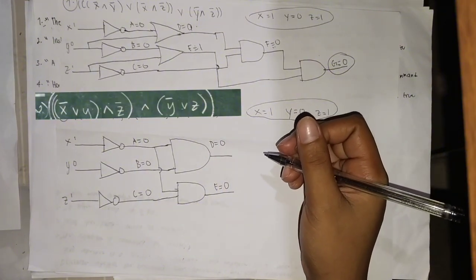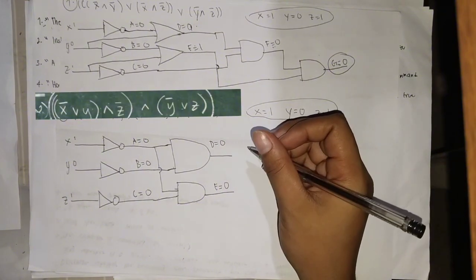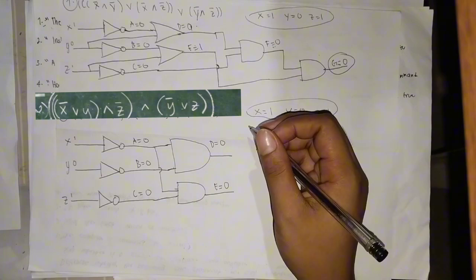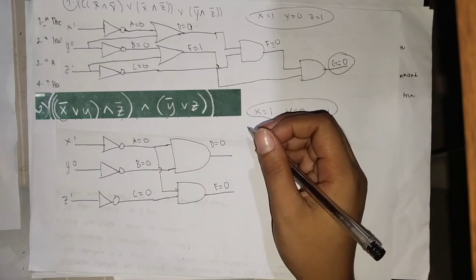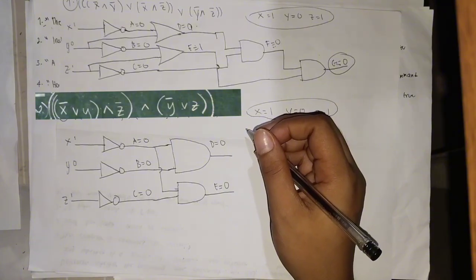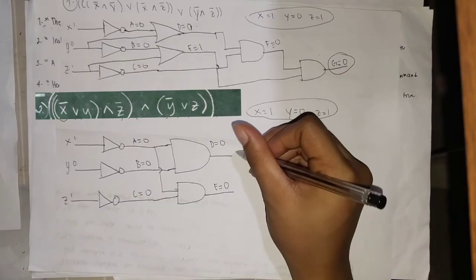So now let's move on to the OR gate. For an OR gate, the output is 1 if either of its inputs is 1. It only outputs a 0 if both inputs are 0. So we will draw an OR gate.